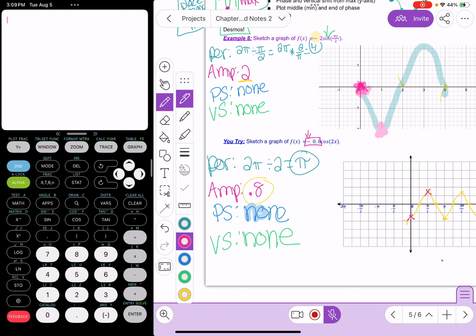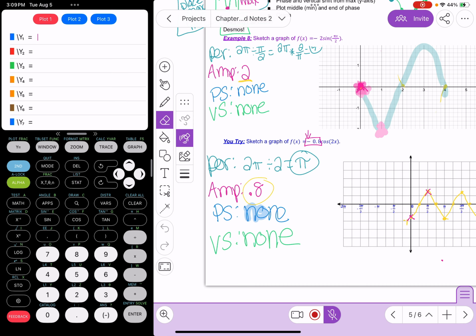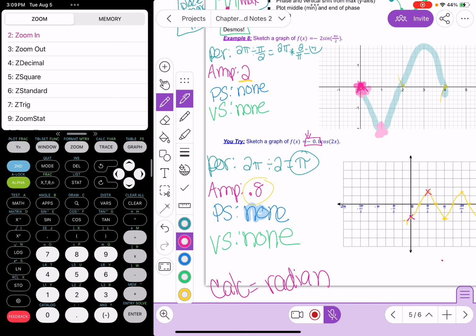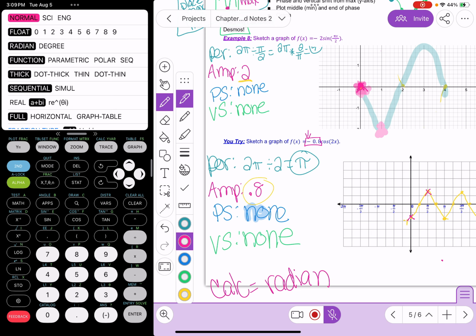If I did it on my calculator, I would click the y = menu, and then I would type those two equations in. So -2 sine, and then in parentheses, pi x over 2. And then for this one, -0.8 cosine 2x. On the calculator, you want to make sure you're in radian mode. So in the mode button, radians.